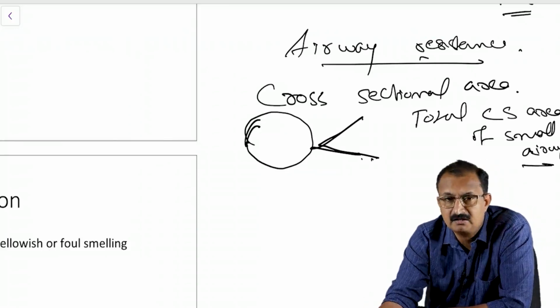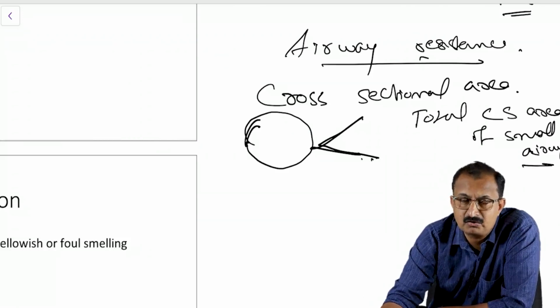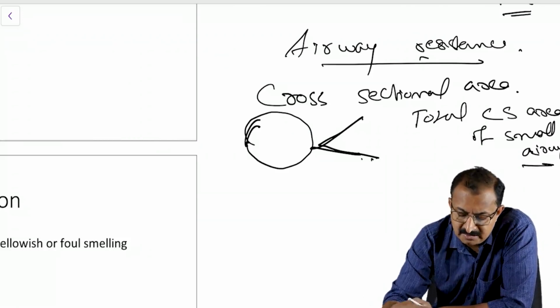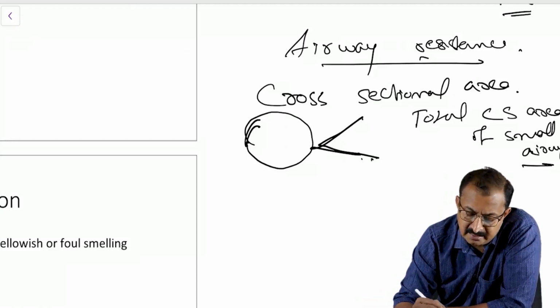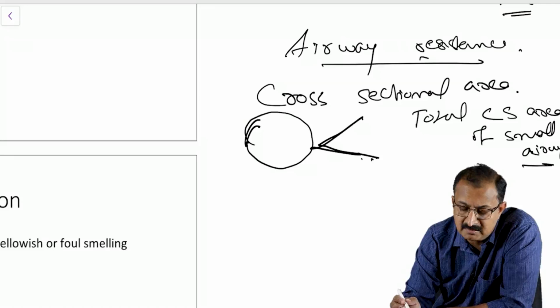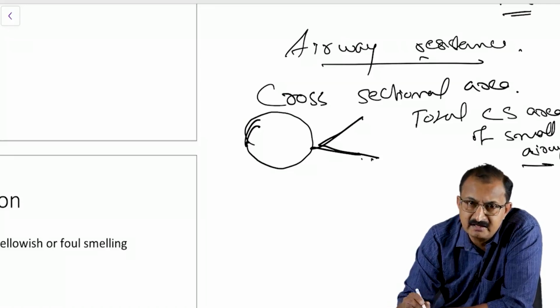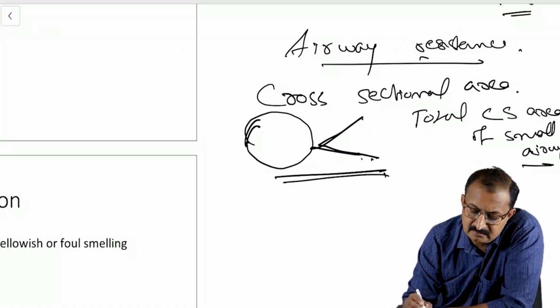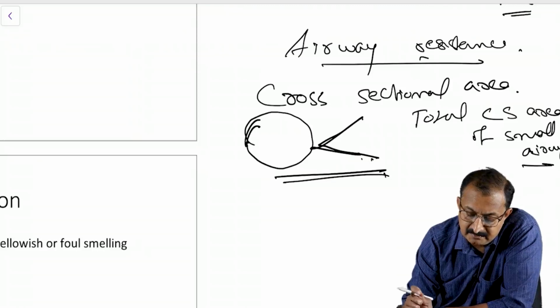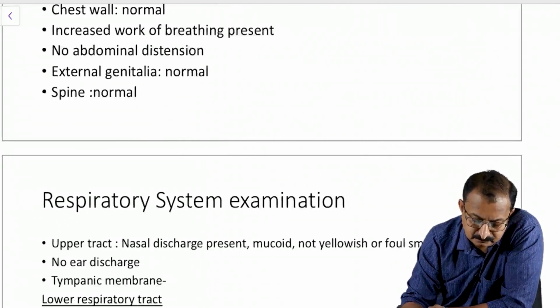If you consider the total cross-sectional area of all the bronchioles, that will be much more than the cross-sectional area of the trachea. So the resistance will be proportionately more in the larger airways, and a slight increase in caliber will decrease the resistance markedly. So flaring of the alae nasi will help in decreasing the airway resistance. That is the advantage of having flaring in a baby who is having dyspnea.